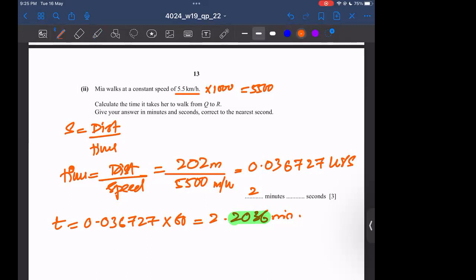So it becomes 2 minutes and 12 seconds. I had a whole 12.221 seconds, so I just wrote 12 seconds here, right?